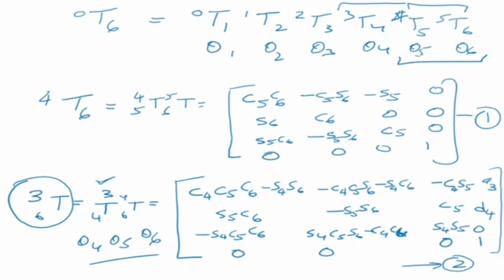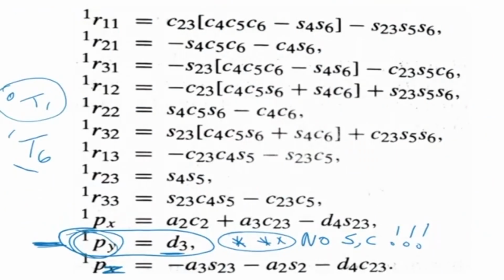On this matrix we are equating terms 1 3 and 3 3. So 1 3 is this term, and the other term is 3 3, which is this term. So on the right hand side these are the two terms, and the left hand side we are multiplying it out and getting it.